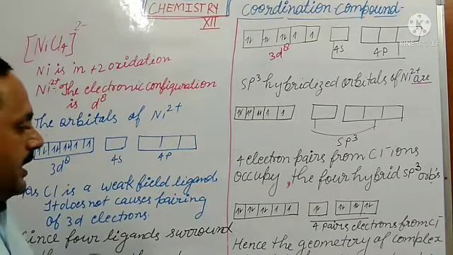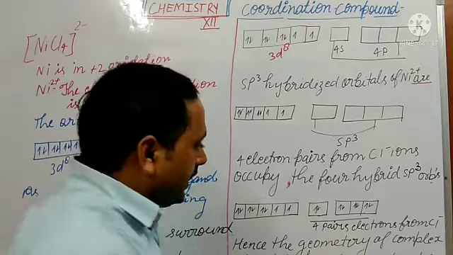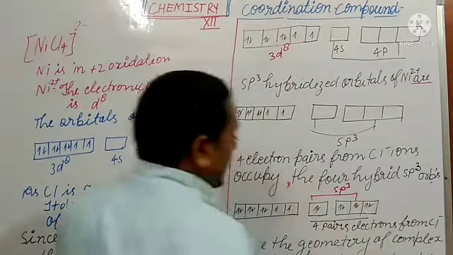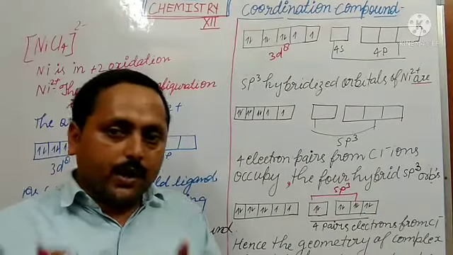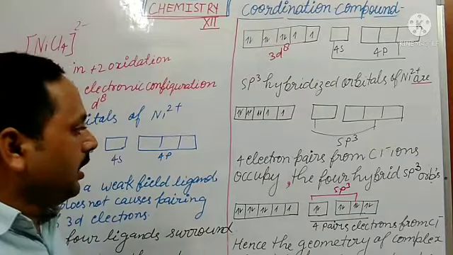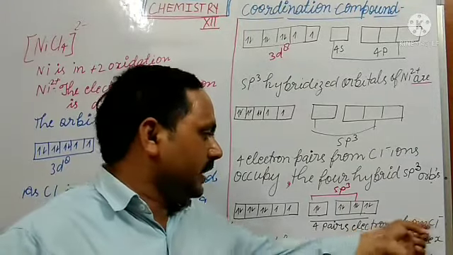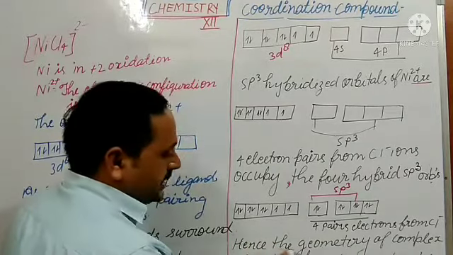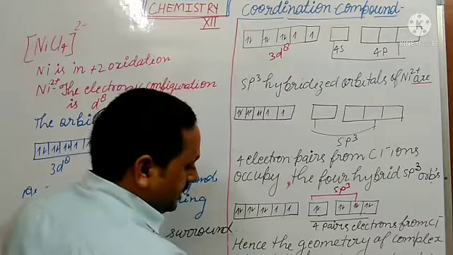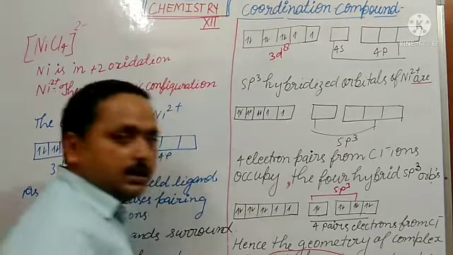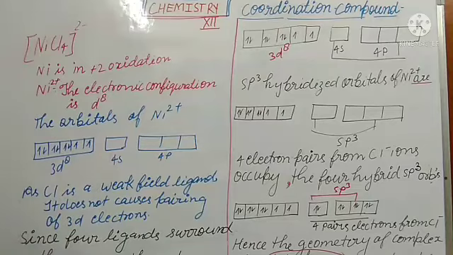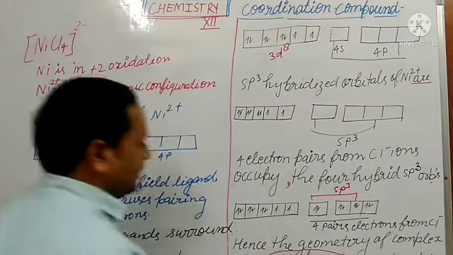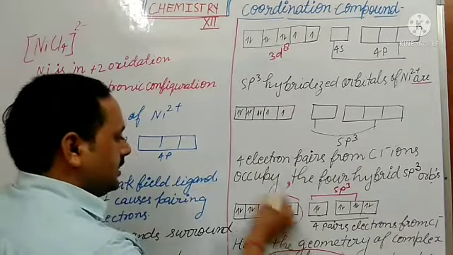So in the 4 hybrid orbitals, which are sp3, 4 pairs of electrons are given by chloride ion. These electrons are being filled. Hence, the geometry of the complex is tetrahedral, and the complex is paramagnetic due to presence of unpaired electrons.